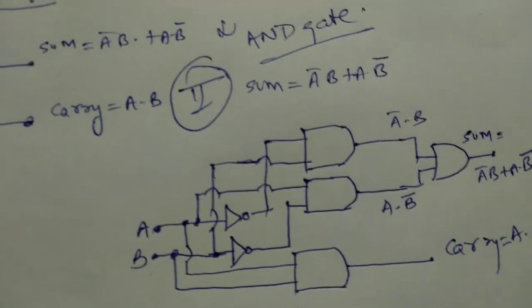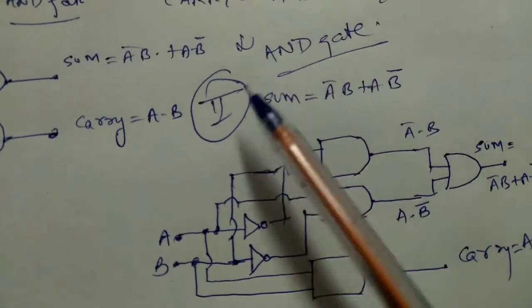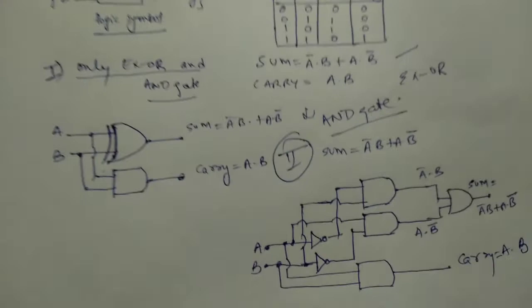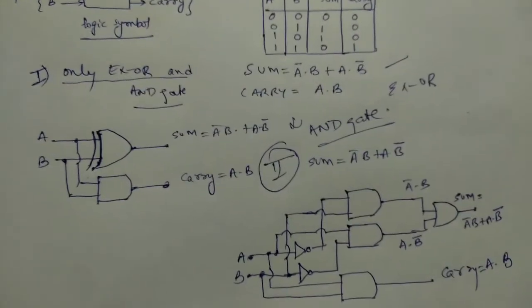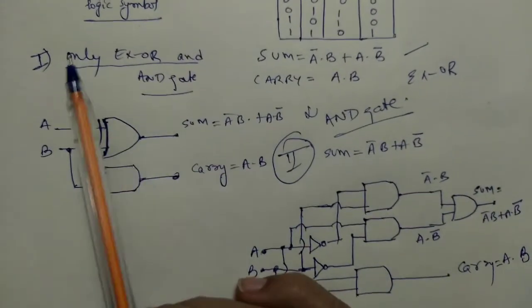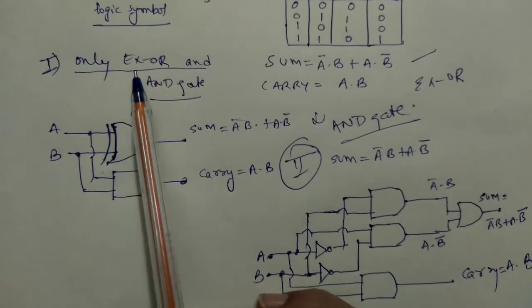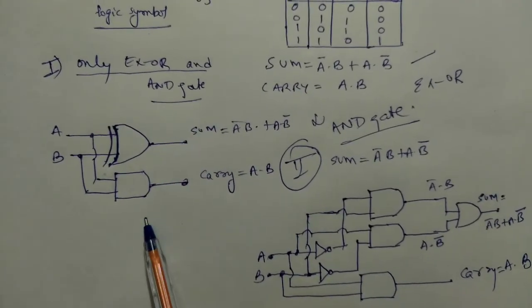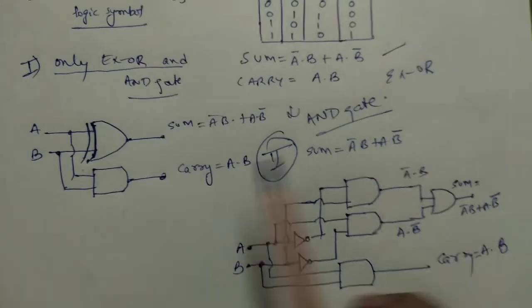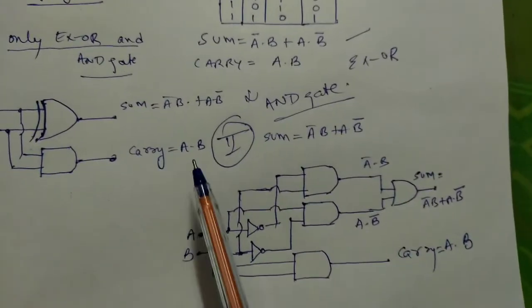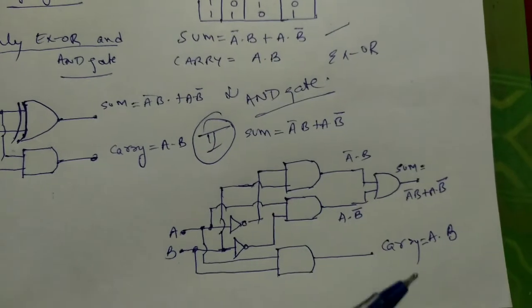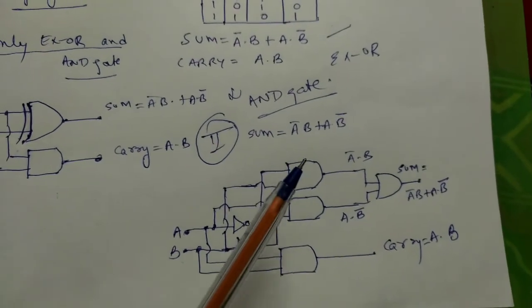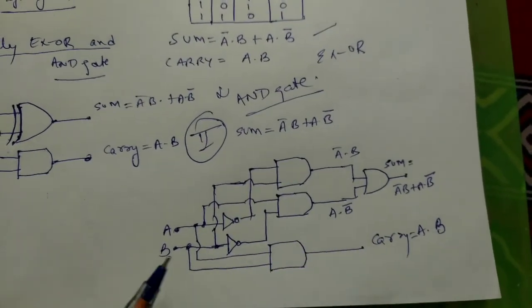By using the outputs we can draw the logic circuit diagram by the two methods: one is using only the exclusive OR gate and the AND gate, and the other one is by using the basic logic gates, that is, the AND gate, the OR gate, and the NOT gate.